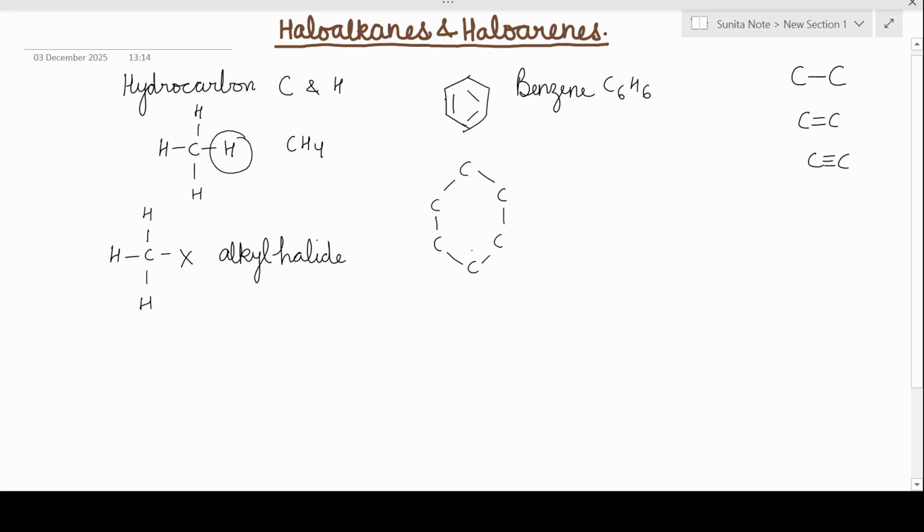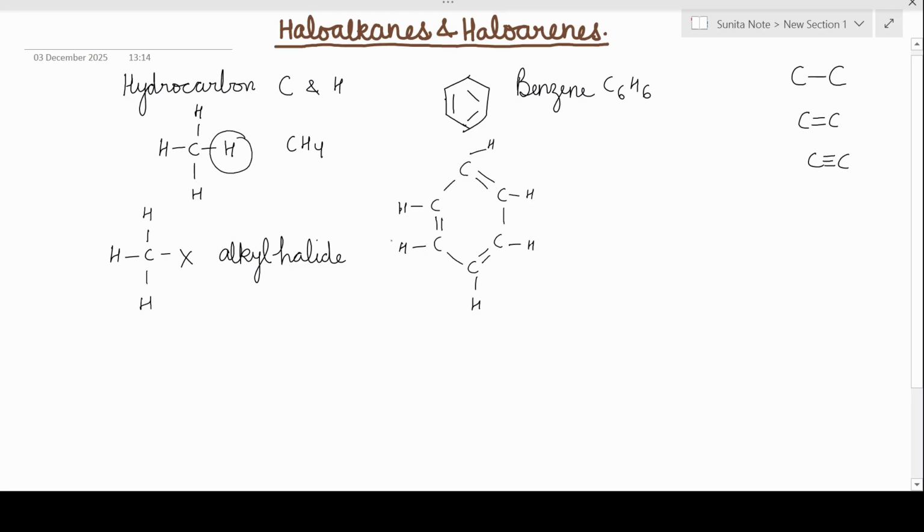If I write its structure, six carbon atoms in a ring with alternate single and double bonds, and each carbon having one hydrogen. As you know, the valency of 4 should be filled for the carbon atom, which is done using hydrogen unless any specific element is mentioned. I hope it is clear.